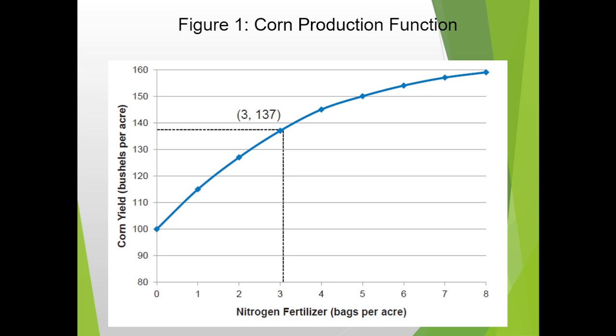So this is the graphical representation of what we have just studied. This is the corn production function. On the vertical axis, we have the corn yield, and on the horizontal axis, we have the nitrogen fertilizer.